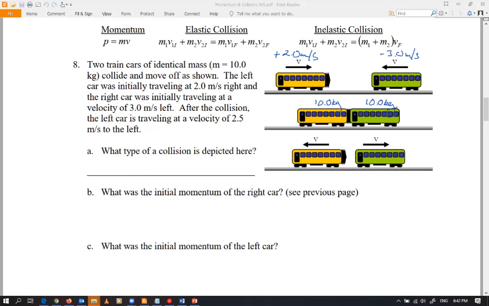And then we can set up at least the first half of our elastic collision equation. So we've got m1, which we said they both weigh 10.0 kilograms, times v1 initial, which we just said was 2.0 meters per second, plus m2, which we just said was 10.0 kilograms, times v2 initial, which we just said was negative 3.0 meters per second.